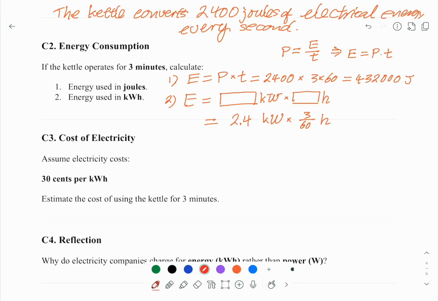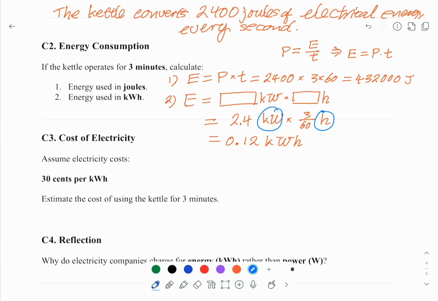So remember, this is a unit. Now if you multiply these two numbers, you will get 0.12 kilowatt hour.